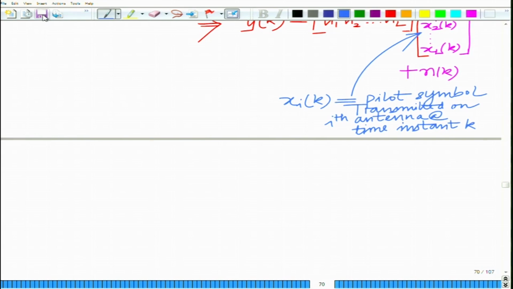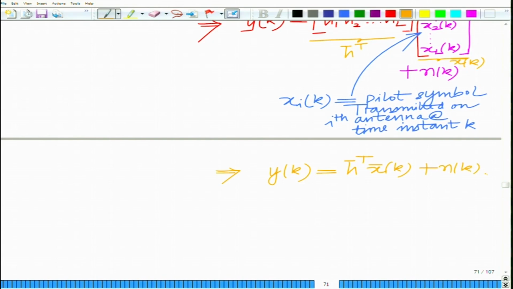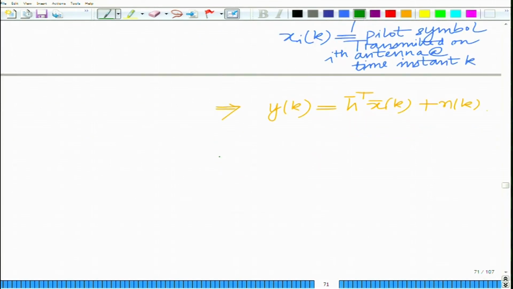Okay. So, therefore, I can write yk equals the vector, h bar transpose x bar k, plus the noise sample n of k.